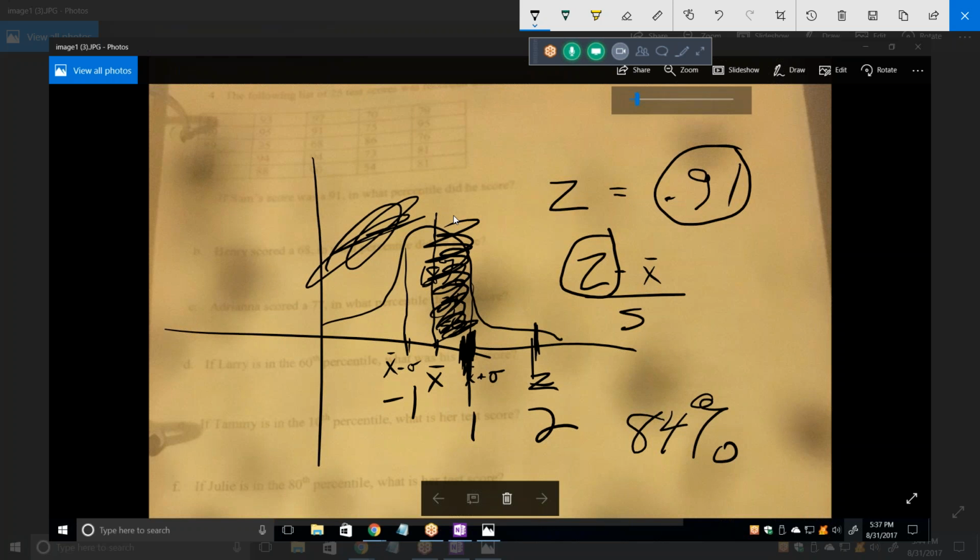And if you look under a Z table, you'll find the area to the left of that Z mark. So we want a Z-score that gives 91% of the data to the left, 9% to the right.